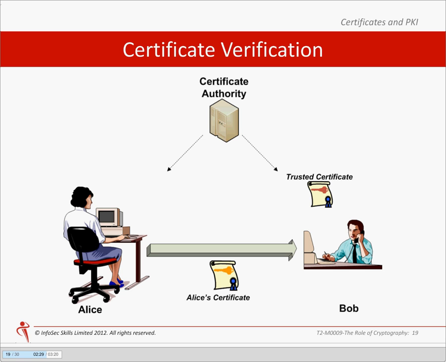There is one other point to raise, whilst we are on the subject of certificate verification, that of revocation mechanisms. If for some reason Alice's private key is compromised, we need to find a way to indicate to consumers of Alice's certificate that it is no longer valid and should not be trusted.